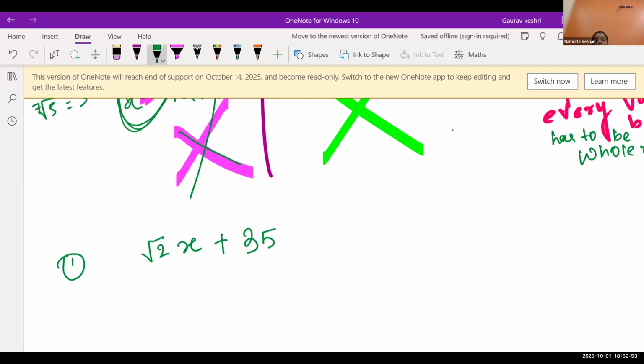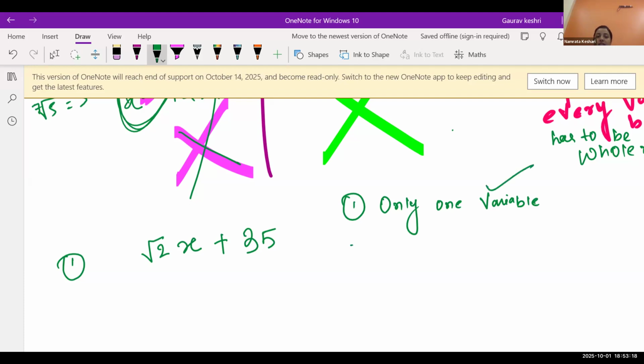Okay, let's check. Rule number one: only one variable must be there. One variable means one alphabet, only x, or maybe only y. So here we can see one variable, x. Rule number one is fulfilled.